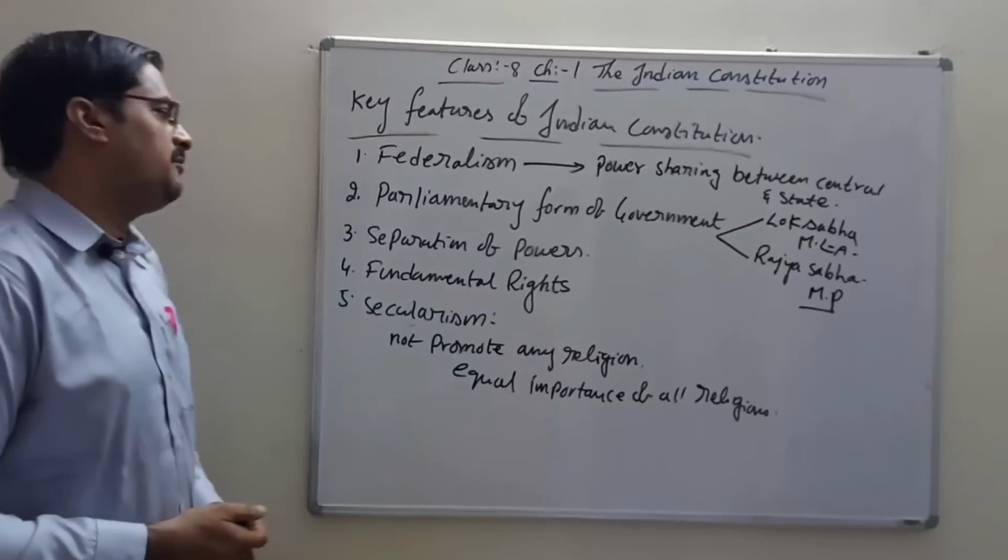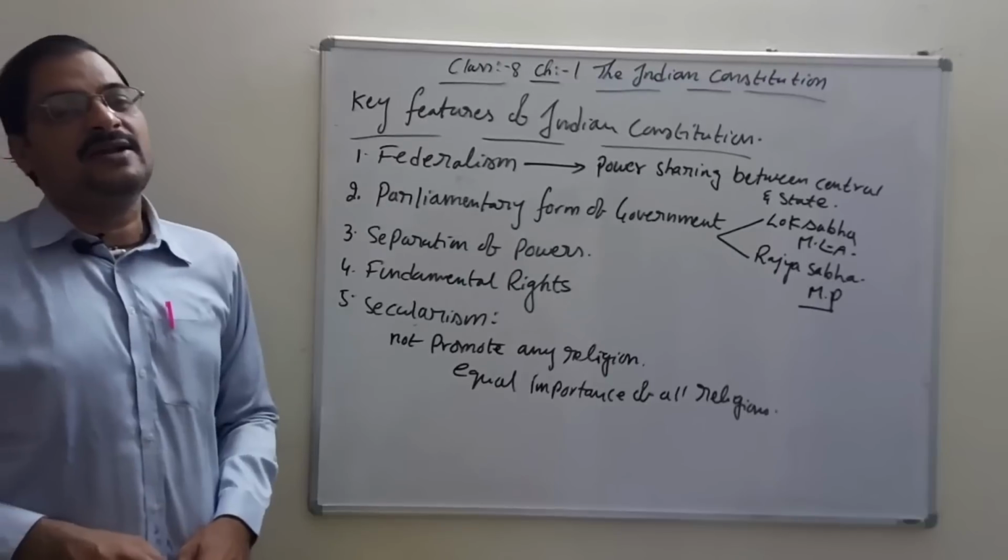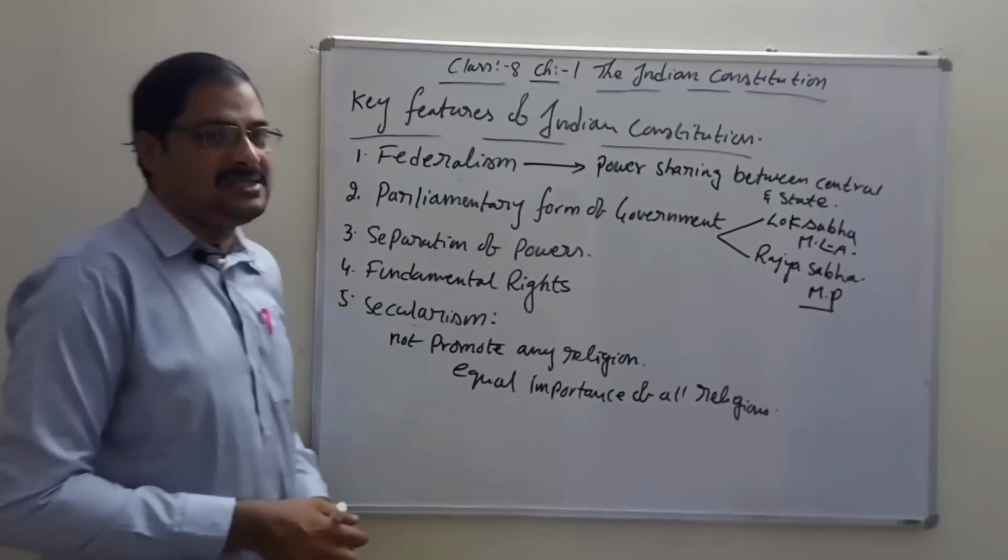Now come to the point of the separation of power. The separation of power is divided into three kinds: legislative, executive, and judiciary. Legislative means the Lok Sabha and Rajya Sabha come together, called the legislative.